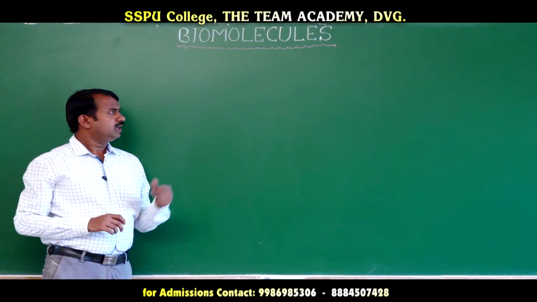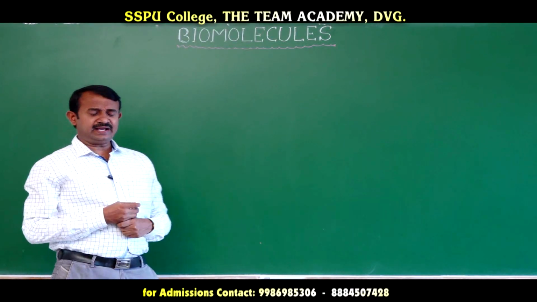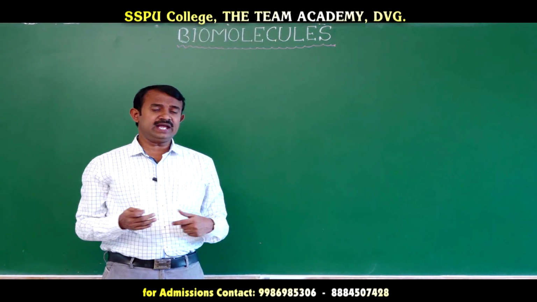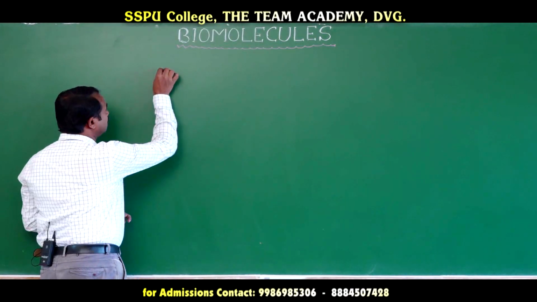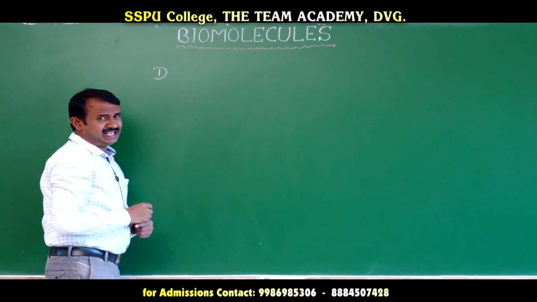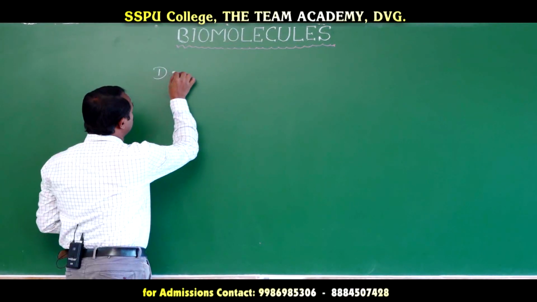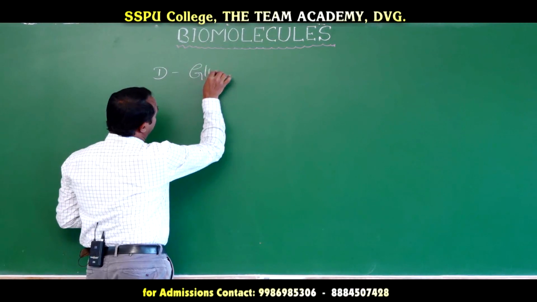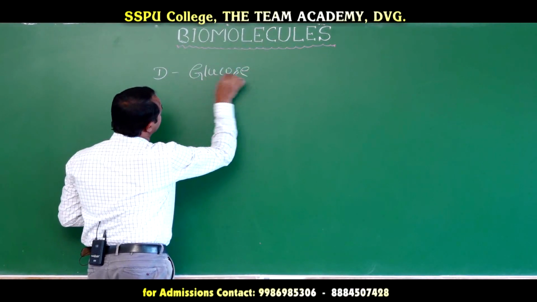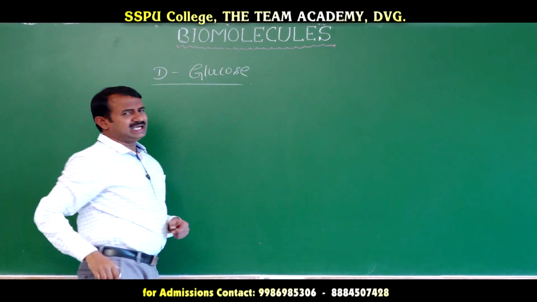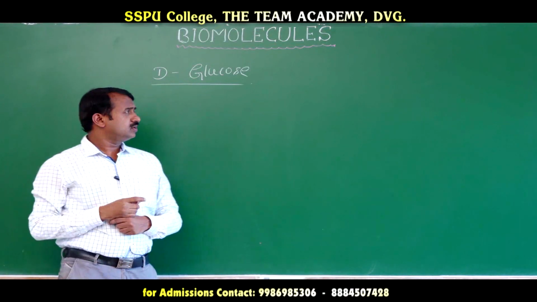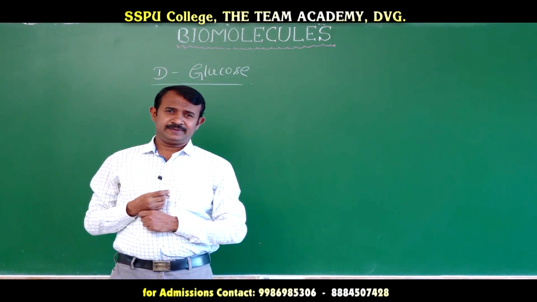Next we will go for D and L configuration. What is D glucose? D indicates D glucose, which means dextrorotatory.